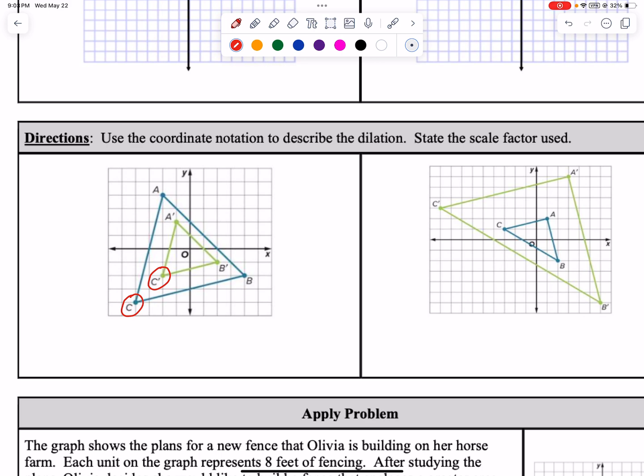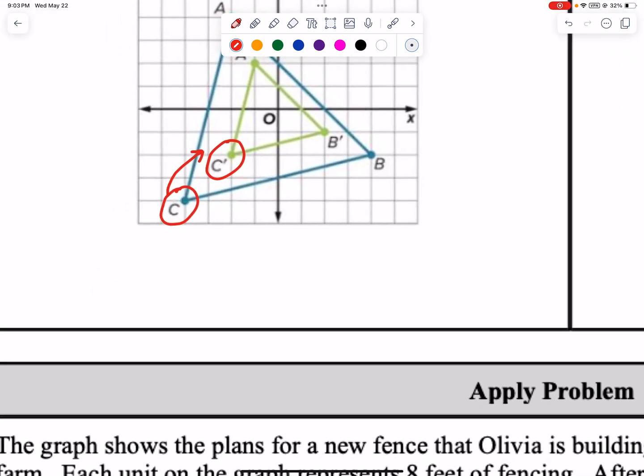Okay, identify where the pre and the new image is. So it's always nice to draw that arrow of what you're doing. So we're shrinking. So we already know the scale factor is going to be smaller. And as we do this then, what I want you to do is just identify the ordered pairs for both of these C's.